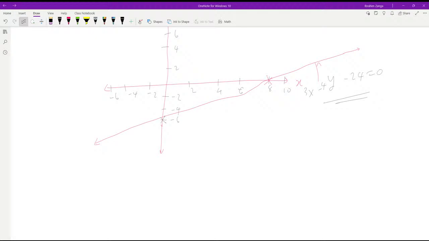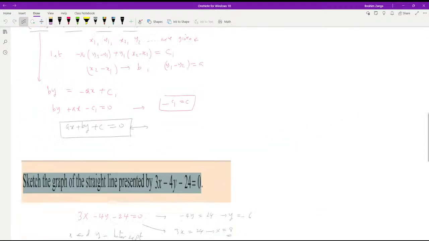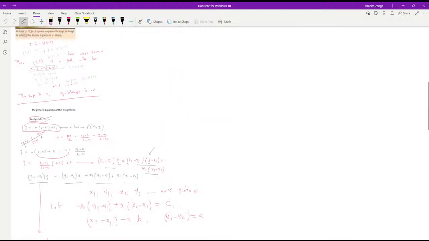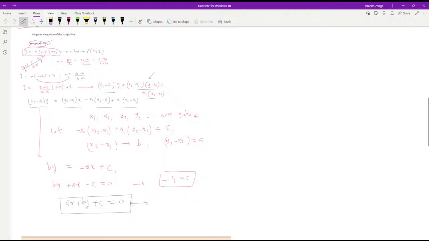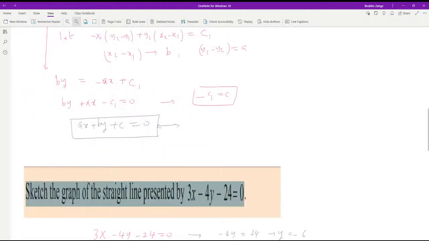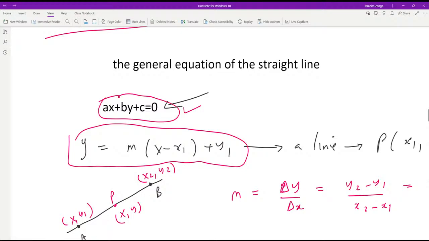And don't forget, in today's discussion we were discussing a straight line, the general form of a straight line, and we managed to derive the equation, leading to ax plus by plus c equals 0.